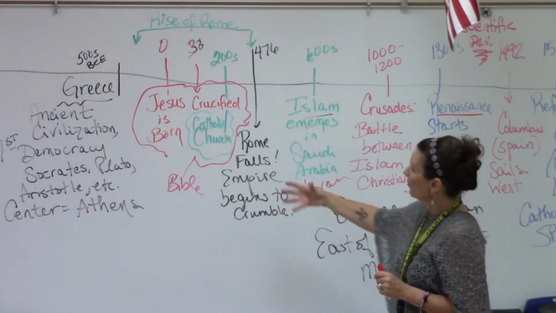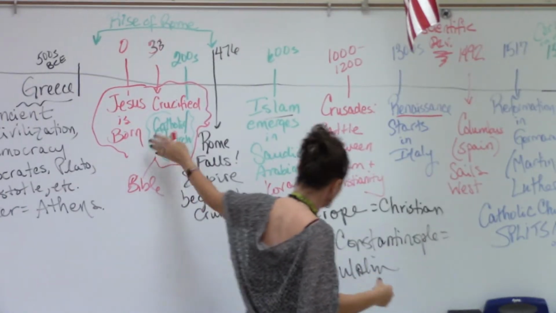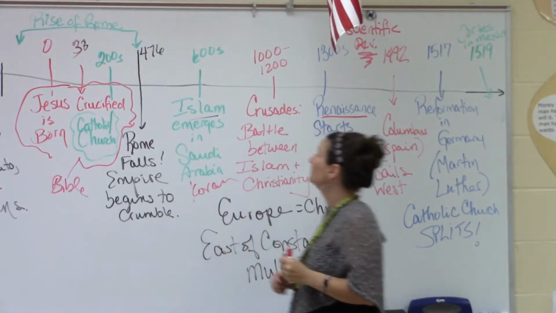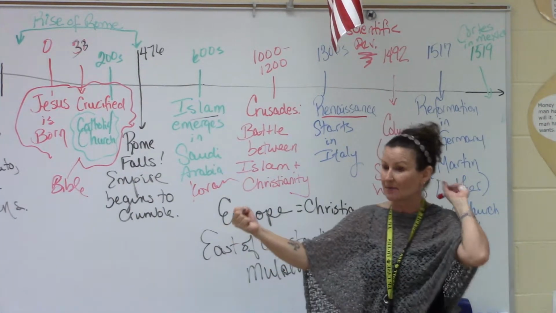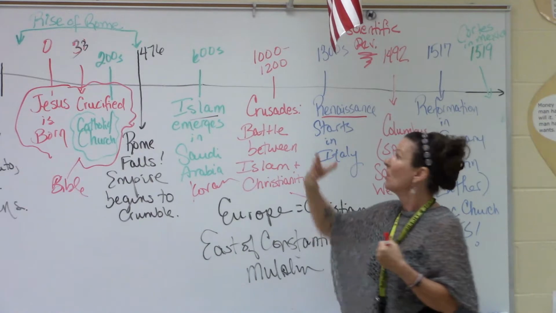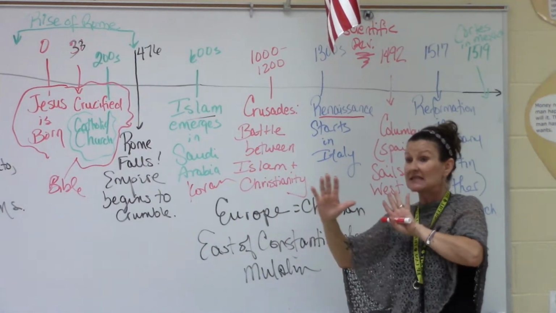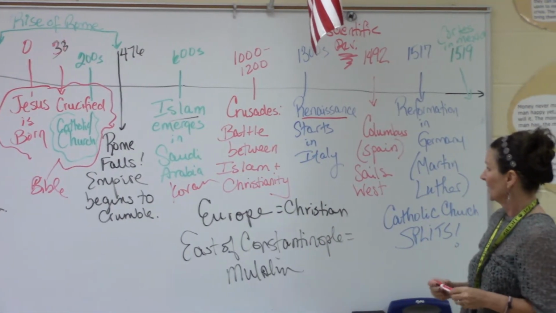So we now have Christianity. We have Hinduism, Judaism, Buddhism, Christianity, and about 600 years later, we see Islam emerge in Saudi Arabia. About 400 years after that, we see Christians and Muslims duking it out during the Crusades, and then we see sort of the split of the East and West in terms of religion.